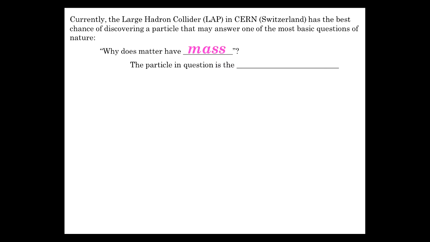In any case, the particle in question that they've been investigating and searching for is known as the Higgs Boson. Yes, the Higgs Boson, or what's also known as the Higgs field. And particles interact with this field in such a way to have their mass be manifested based on the nature of that interaction.